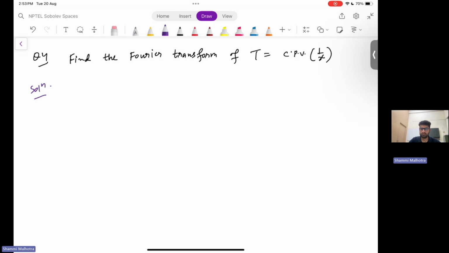These are very analogous to odd and even functions, and if I take any locally integrable function which is even or odd, it gives rise to a distribution that matches the definition we are going to give.